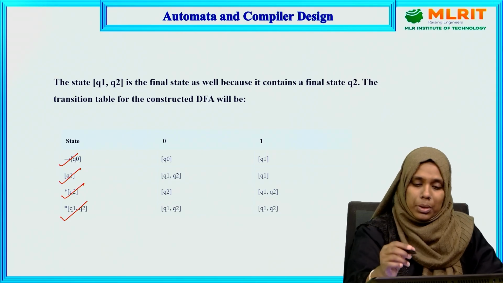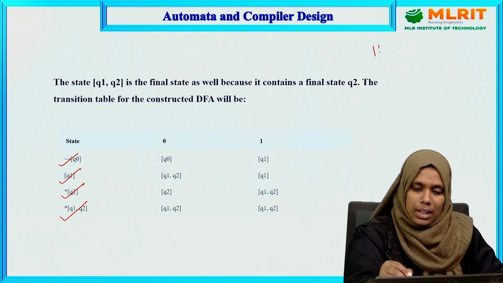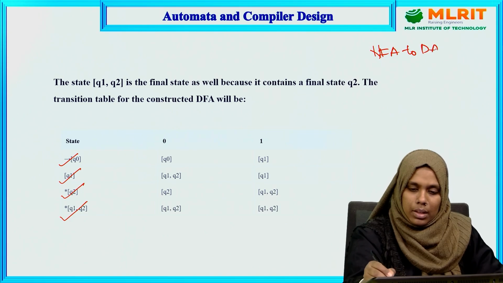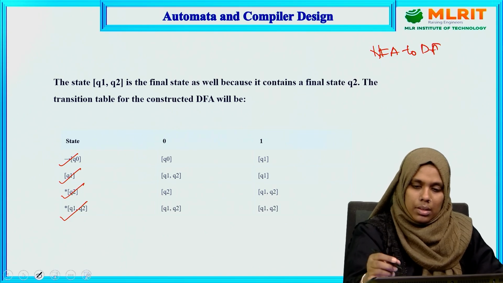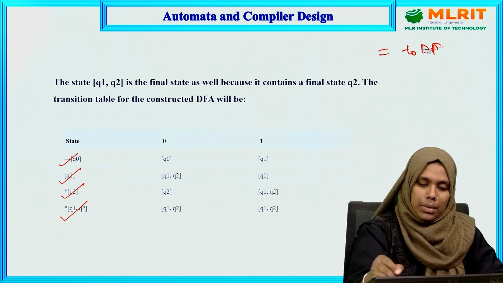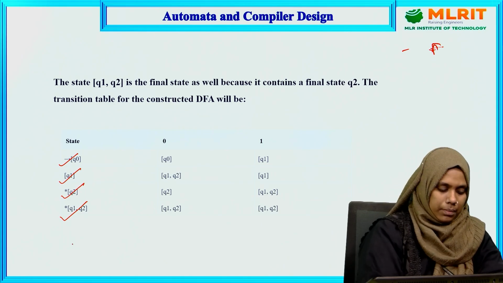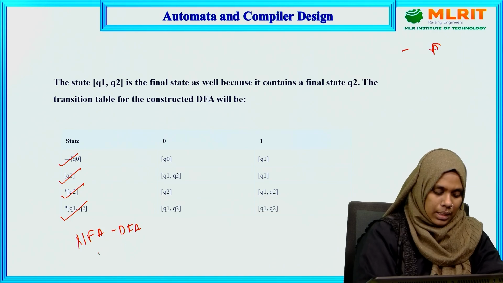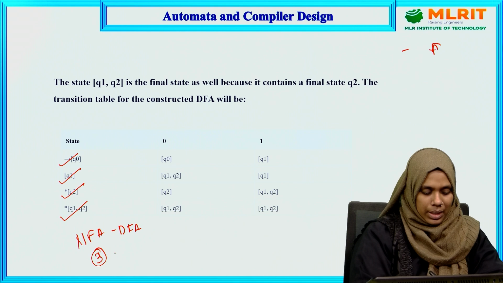So the one important thing is that whenever you are converting NFA to DFA, the number of states will increase. If suppose the number of states is 3, in DFA it will be 3 plus.